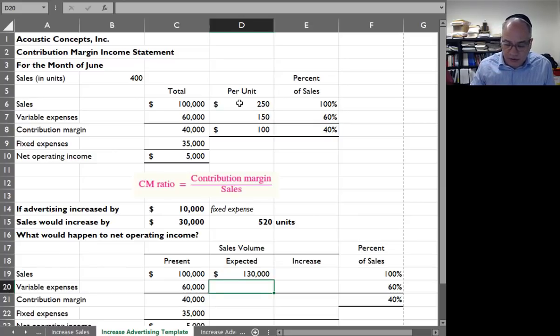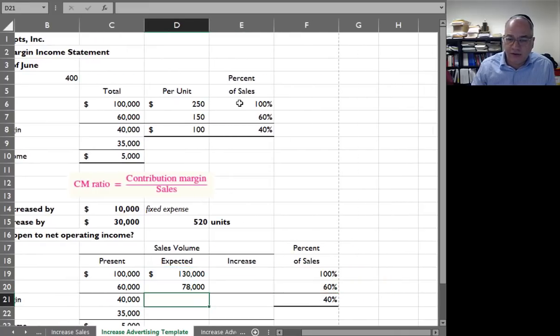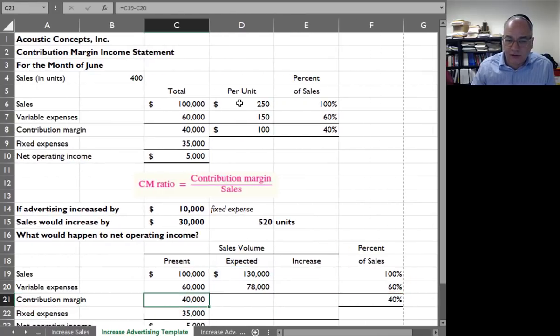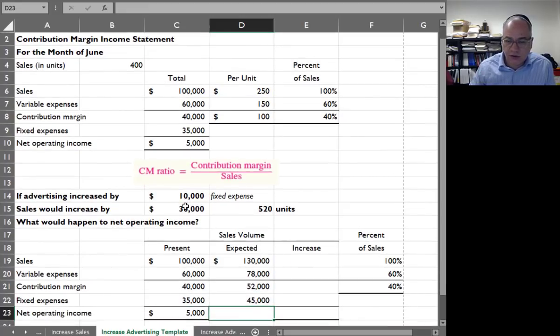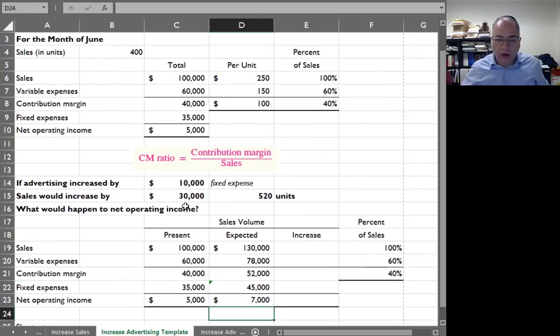Variable expenses would still be 60% of your sales, or $78,000. So your contribution margin would be $52,000. But now your fixed expenses are going to increase by $10,000 to $45,000. And therefore your net operating income would only increase to $7,000.